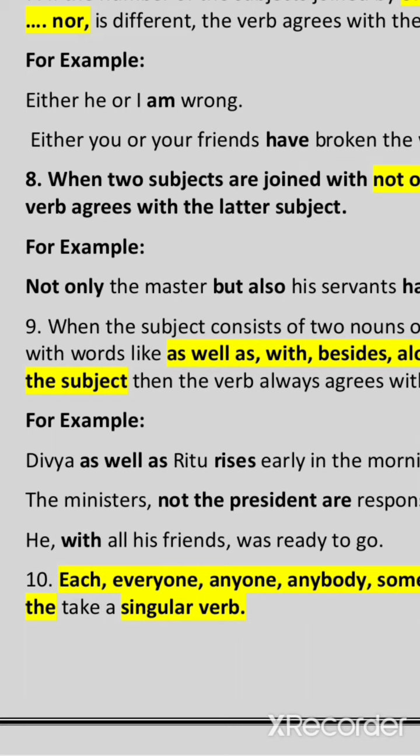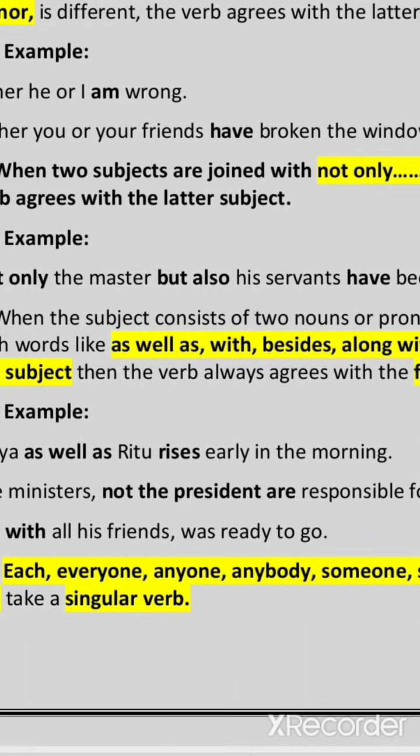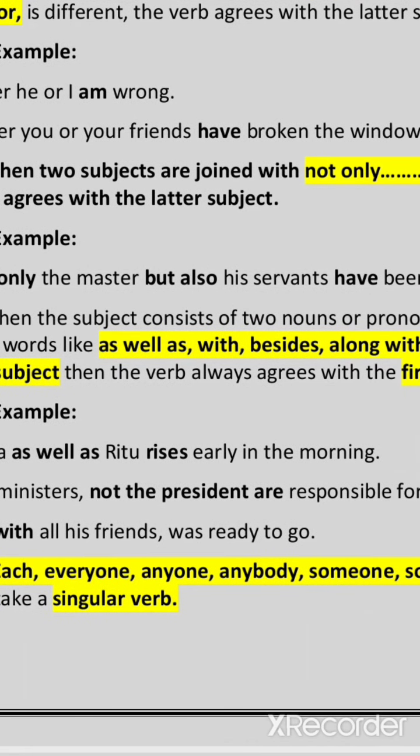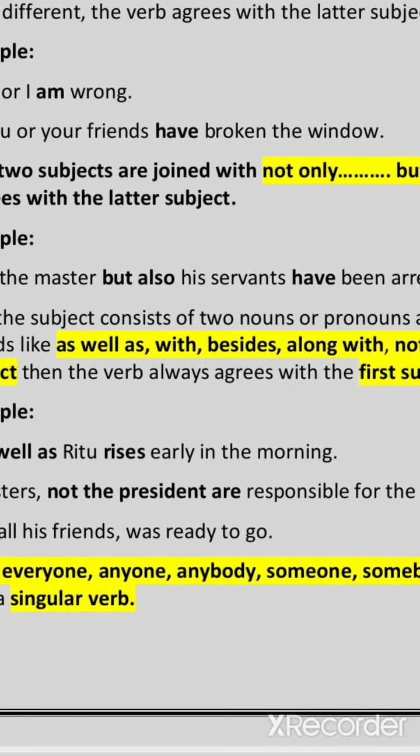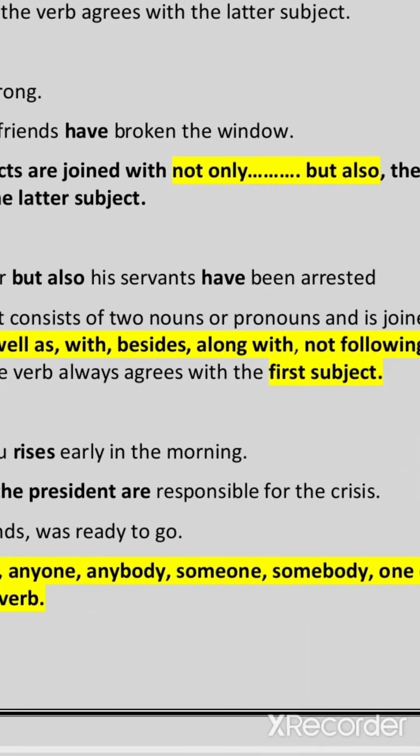For example, not only the master but also his servants. Now which is the subject which has come afterwards? Servants or master? Servants? Yes, you are right in thinking so. And according to the subject servants, we have used the verb have been arrested.